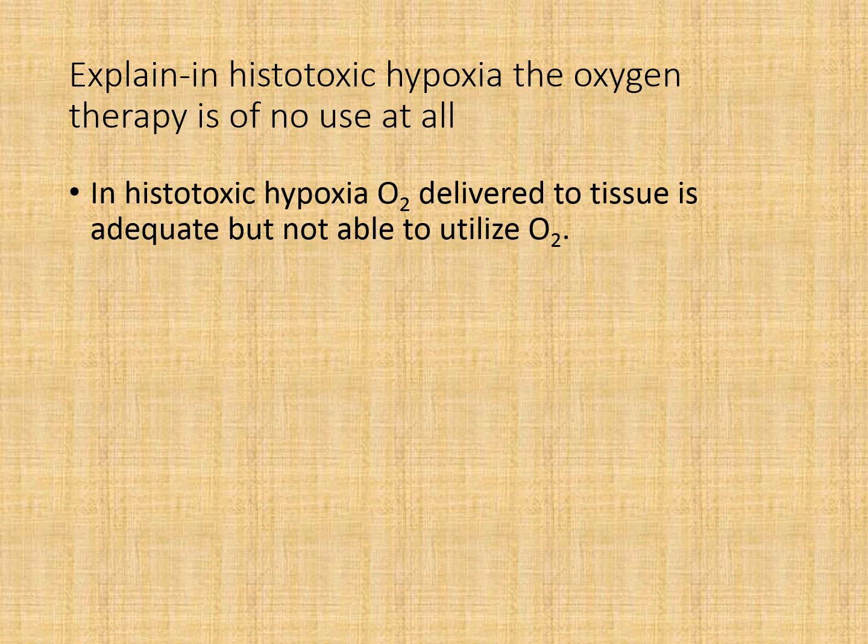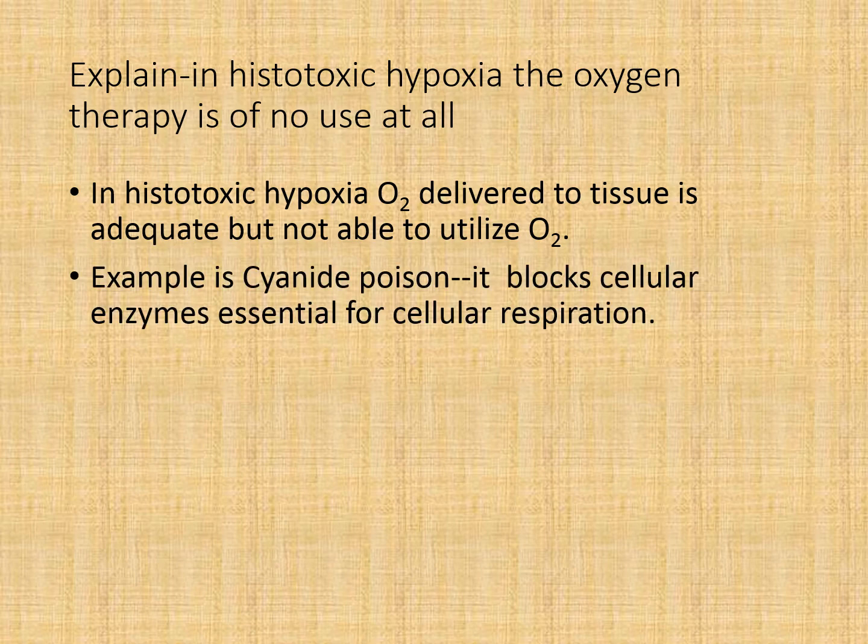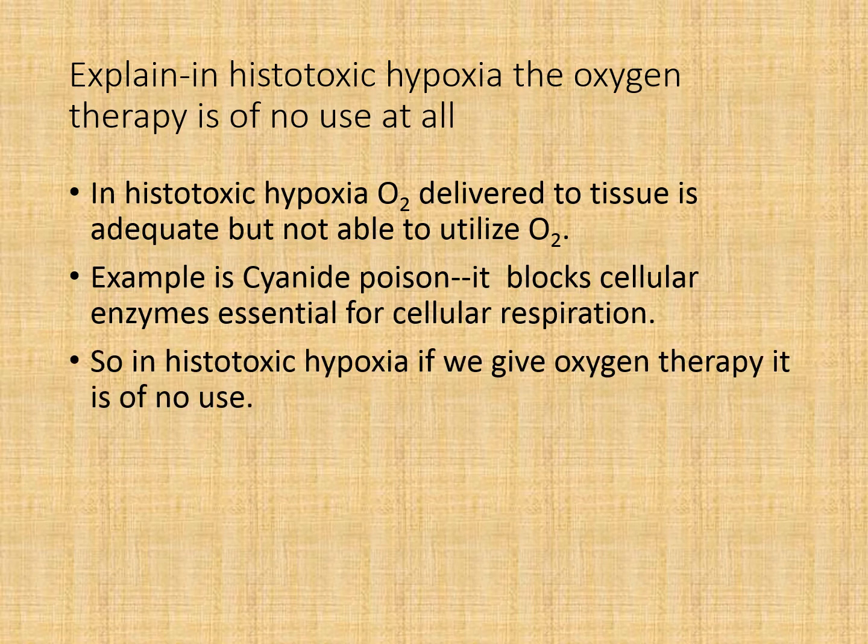So in this case, even if we give more oxygen, it is of no use because oxygen is already there, but the problem lies in the utilization of oxygen. Example, cyanide poison. It blocks cellular enzymes which are essential for cellular respiration. So in histotoxic hypoxia, if we give oxygen therapy, it is of no use.